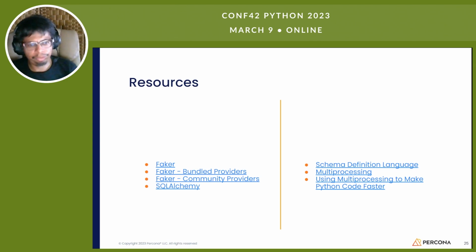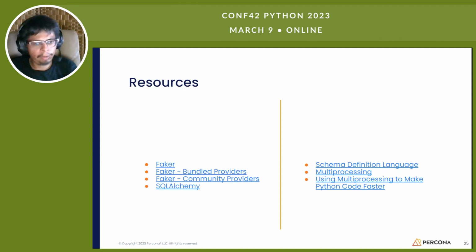Here are some resources that can be useful. You can check the Faker website. You can find more information on bundled providers, which are the ones that are available with Faker by default. You can use community providers. You can find more information on the website.